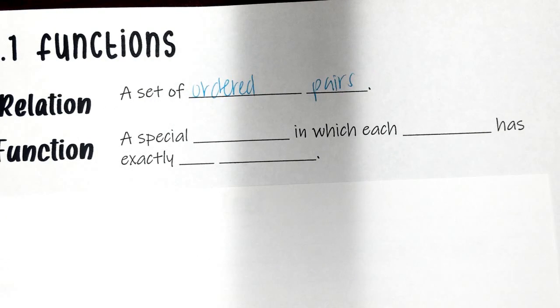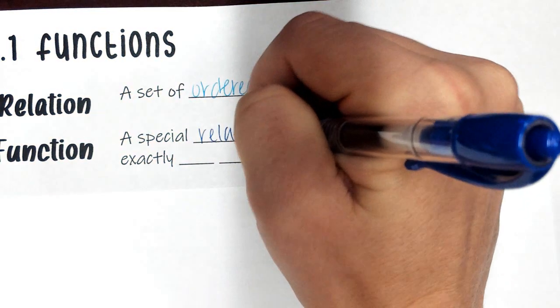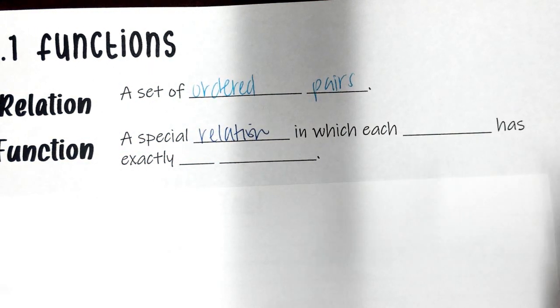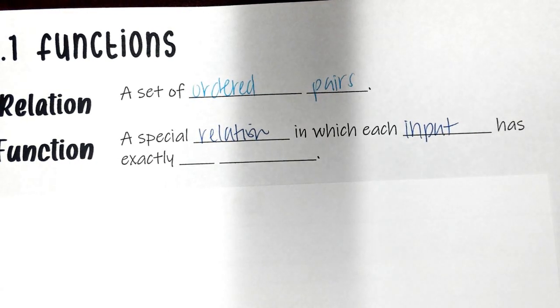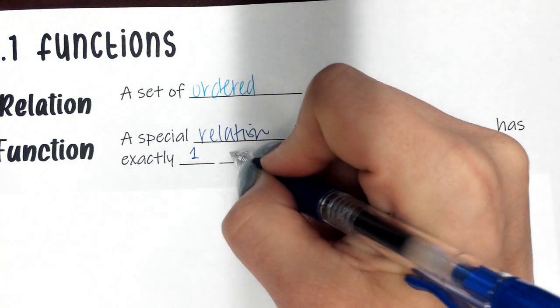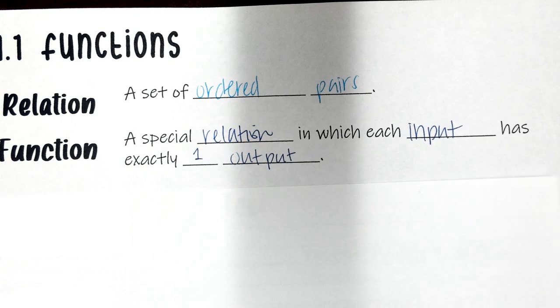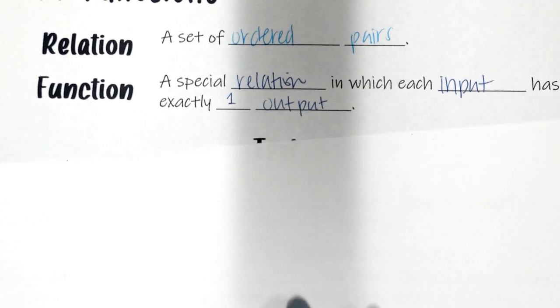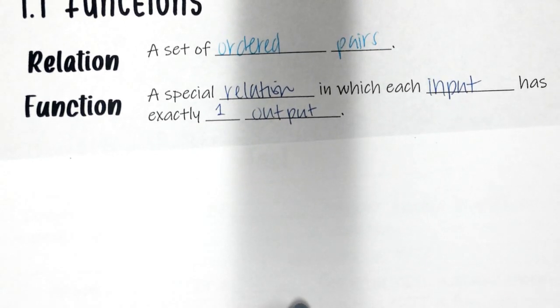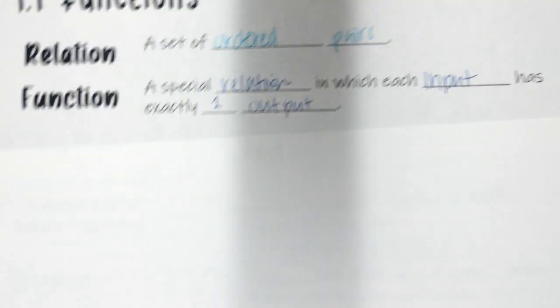Our functions, on the other hand, are a special relation in which each input has exactly one output. Our function can still be represented by ordered pairs, tables, or a mapping, except we've got some tests to determine whether or not it is a function or just a relation.